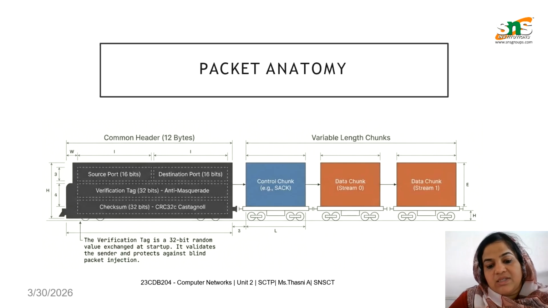The variable length chunks are the control chunk, data chunk, and data chunk in stream. First will be the control chunk, which is part of SACK. Next, the verification tag, which is a 32-bit random value exchanged at startup. It validates the sender and protects against blind packet injection.